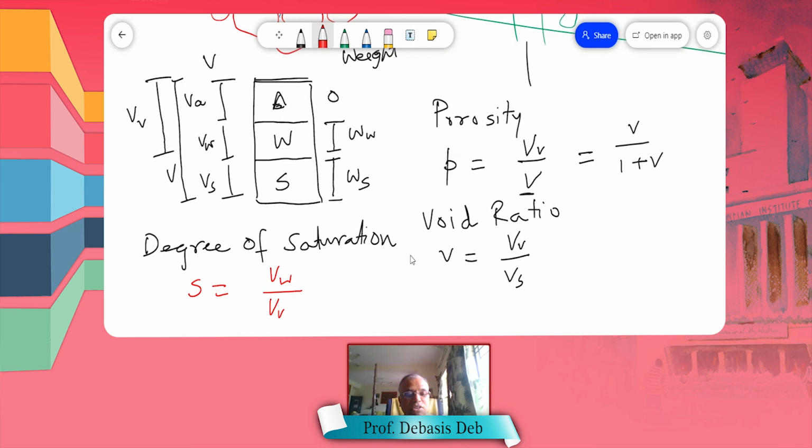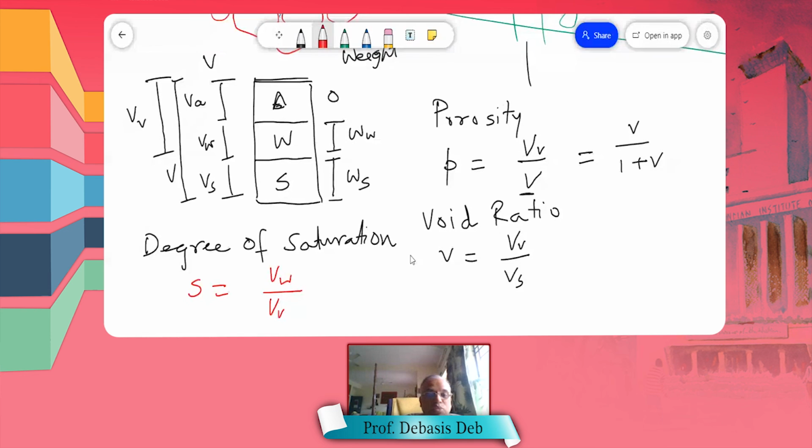Okay. So S is equal to 1. That means the entire volume of void is filled with water. So the void ratio is also a ratio, which is Vv by Vs. So how much void volume with respect to solid volume, and porosity is void volume divided by the total volume of that soil sample.